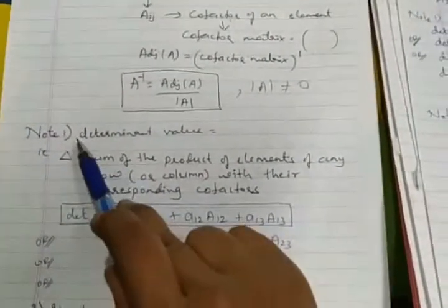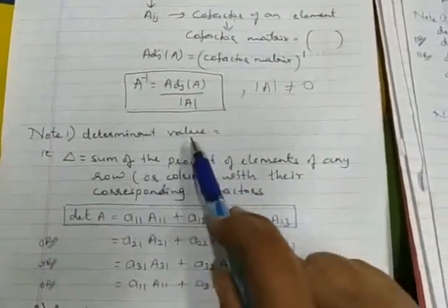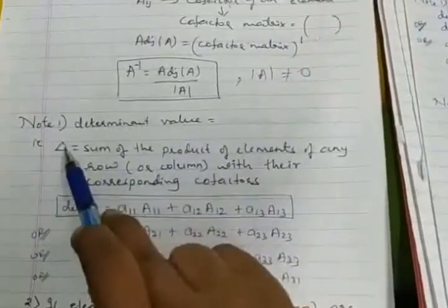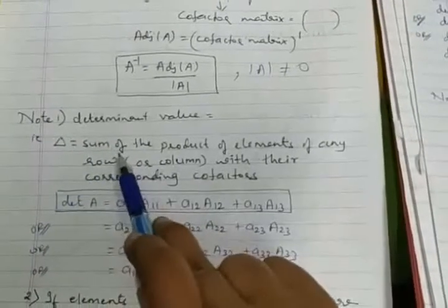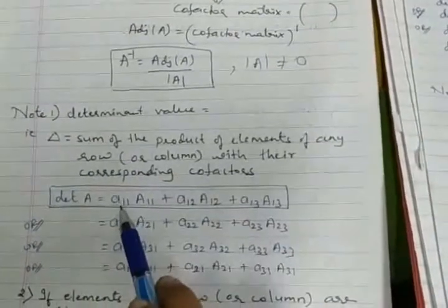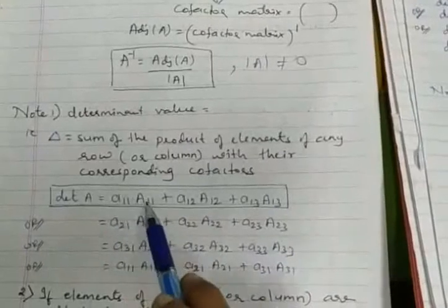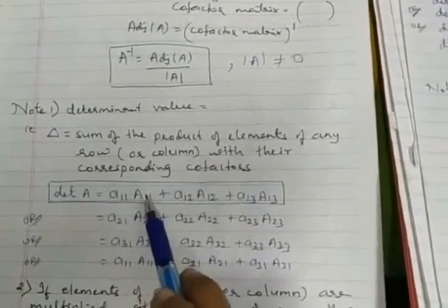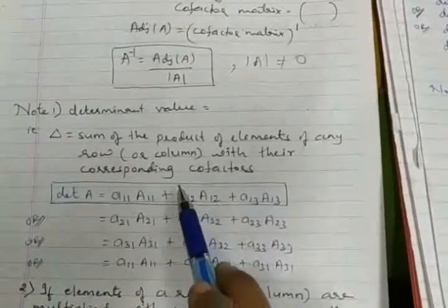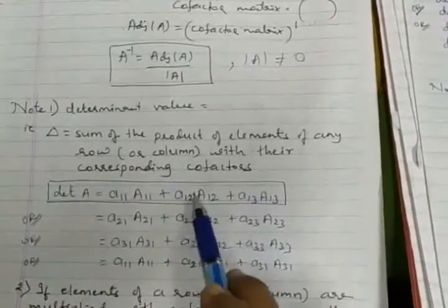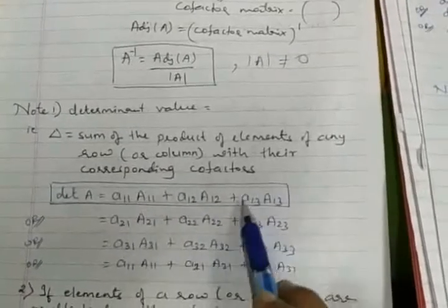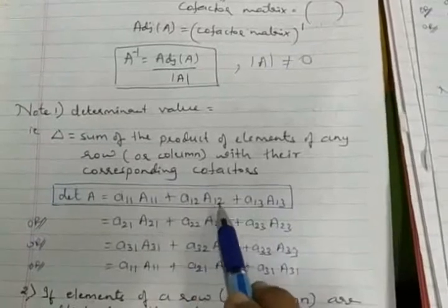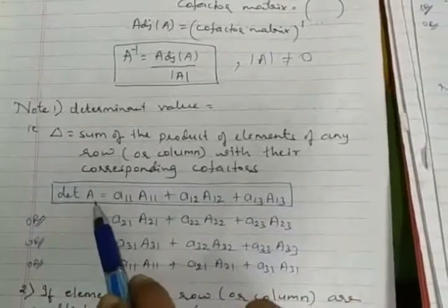So the first note. Already we have discussed the determinant value, and a very important note regarding it is this: whenever we multiply the elements with their corresponding cofactors, and then sum it up, we are actually finding the determinant value.